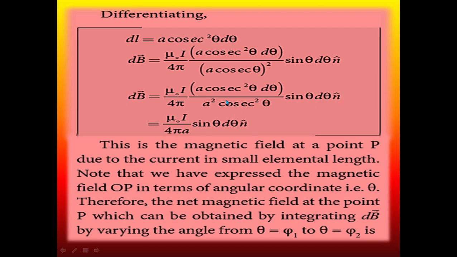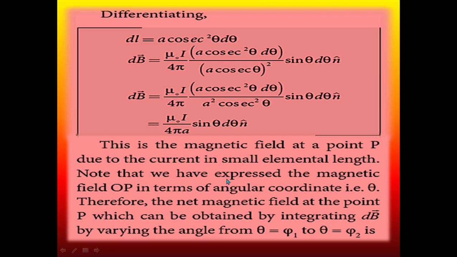Now cosecant square theta cancels, and one A is cancelled. So dB is equal to mu naught I divided by 4 pi A into sin theta d theta n cap. This is the magnetic field at a point P due to the current in a small element length.